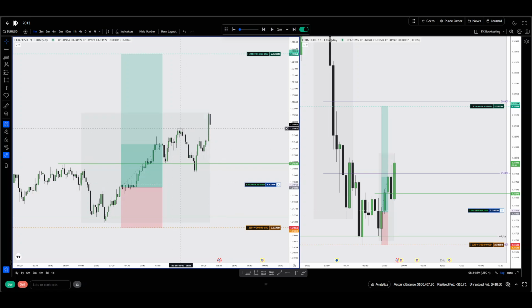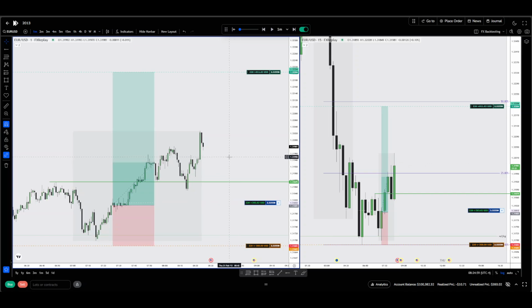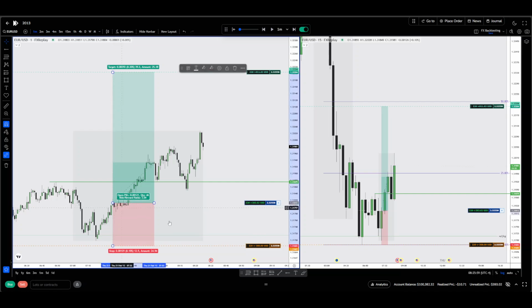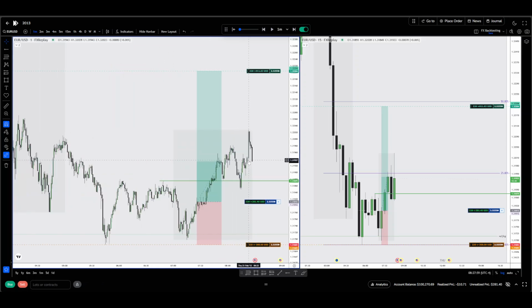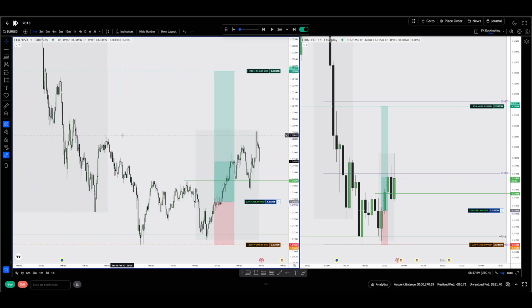Okay, so we broke this high with speed. And now we've created another propulsion block. Here's the order block. And we're tapping into it, and now we see expansion again. And now let's see what happens.